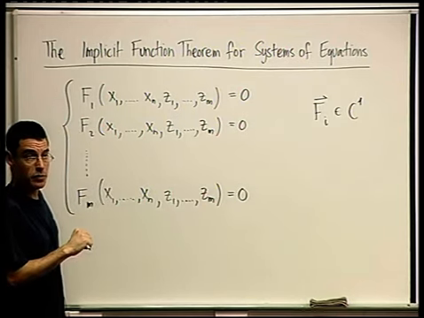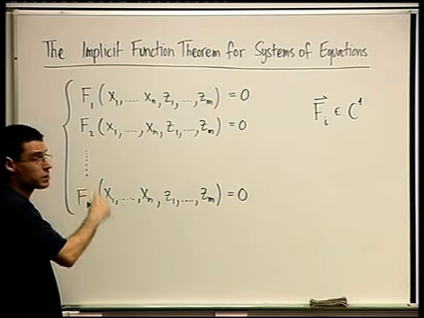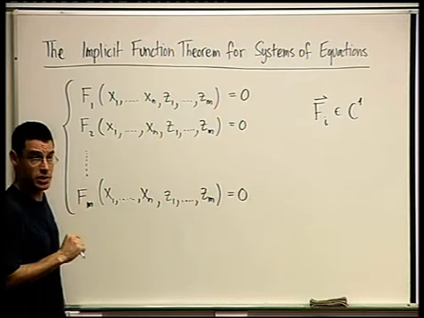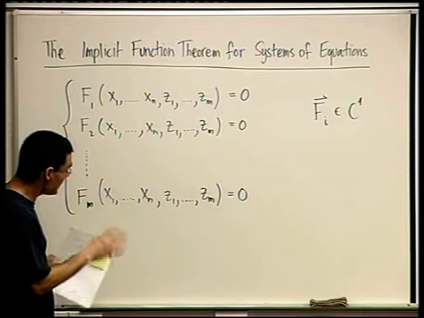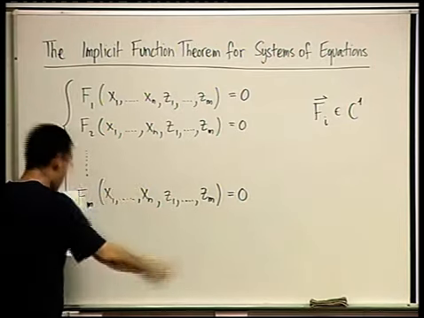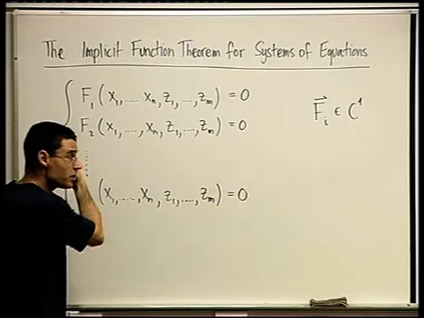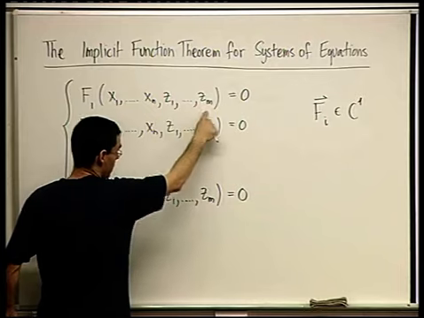So if you wanted to write y as a function of x and z, the derivative with respect to y had to be non-zero. That condition is going to be replaced now by a bunch of conditions on all these derivatives, and the partials are going to be with respect to the z variables.